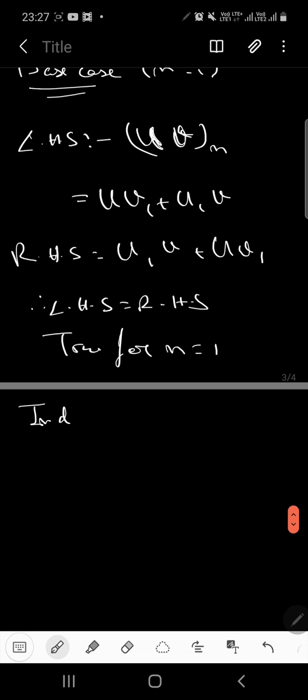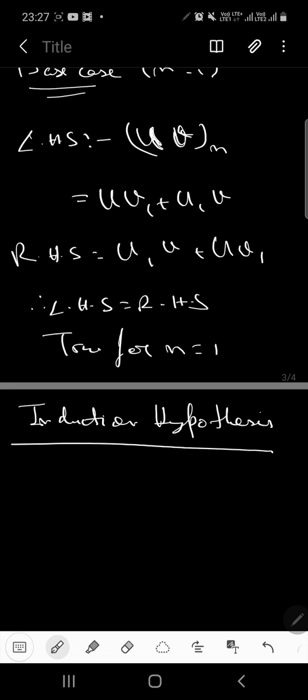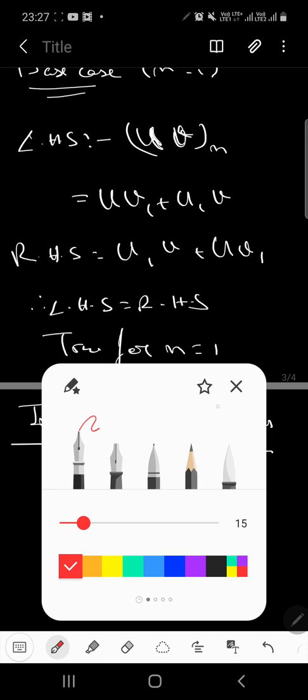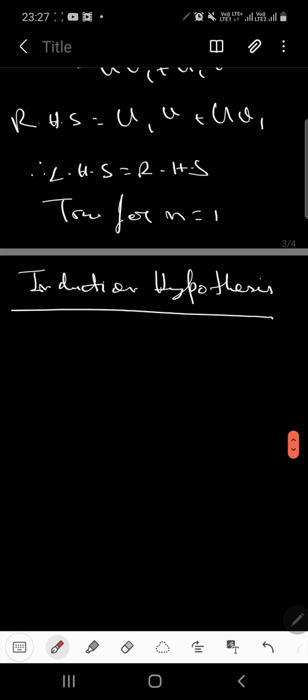Now we will move on to the induction hypothesis. So what happens in the induction hypothesis case?